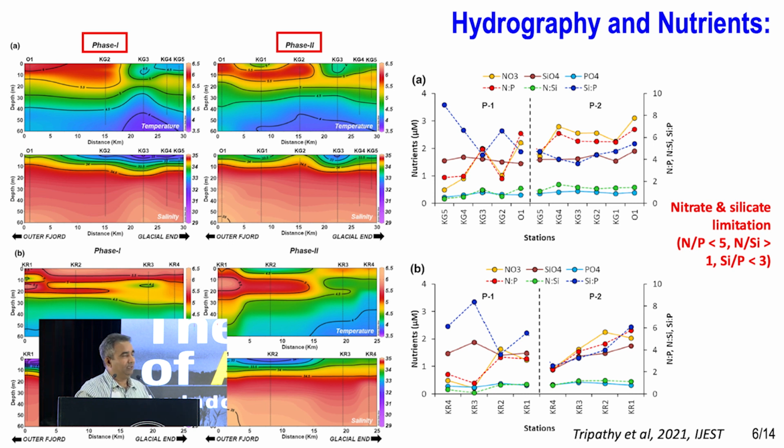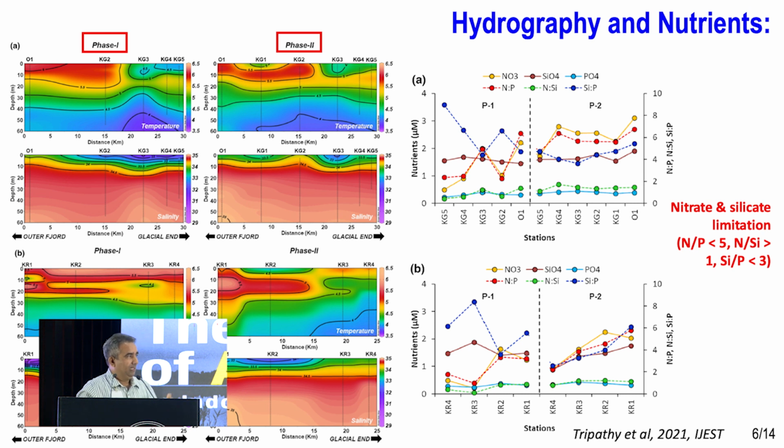You can see that even in the 10 days gap, the intrusion of water is much clearer than in phase 1. What I want to highlight here is that the intrusion of Atlantic water into the fjord is very clear, even though there is a gap of 10 days. In Krossfjorden, the distribution of the hydrography is much more homogeneous compared to Kongsfjorden.